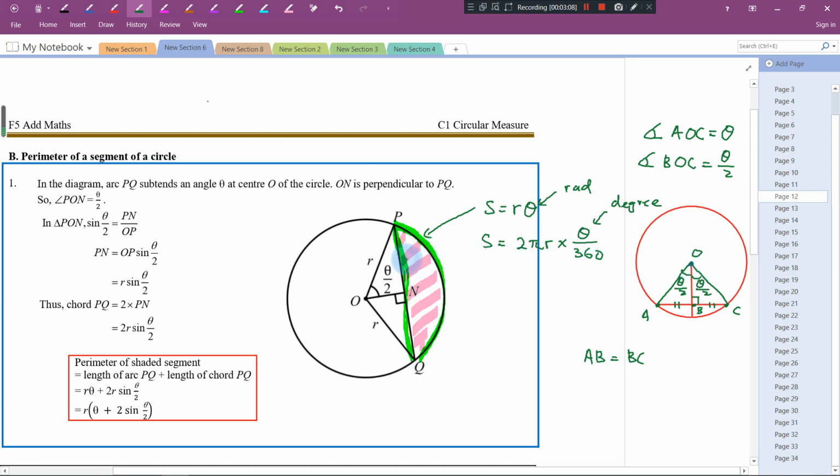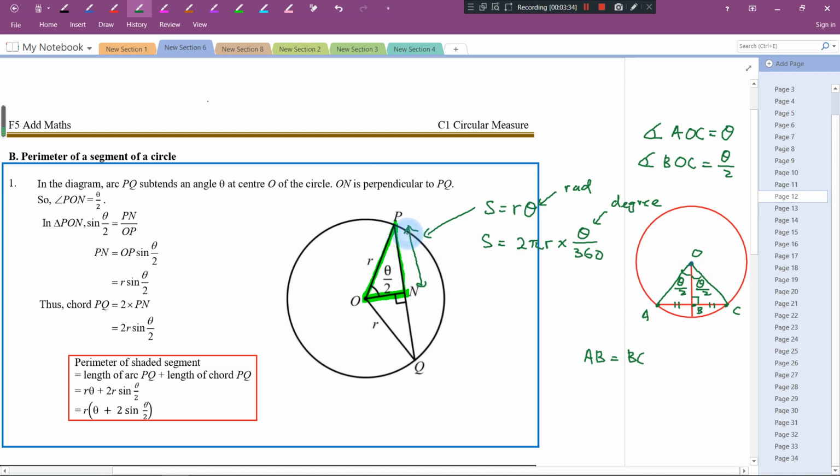Now let me explain how we get the chord length formula. Let's focus on this triangle first. Now you understand why it's theta over 2, right? I want to find the chord length PQ, but it's okay, I just focus on PN first.